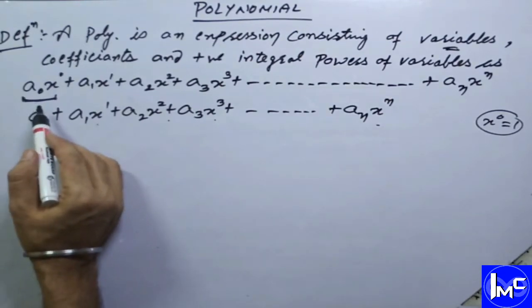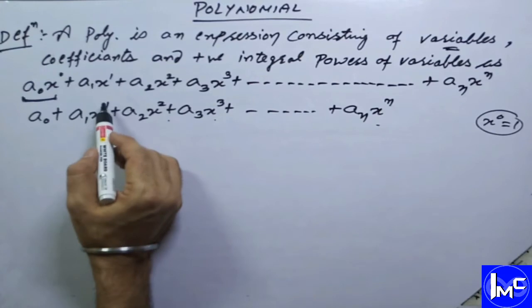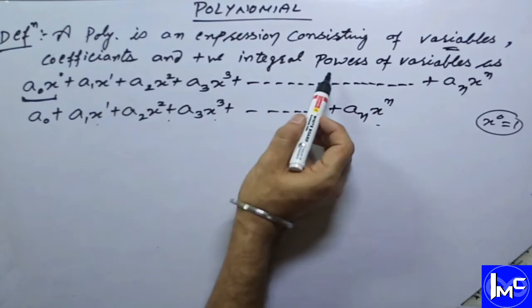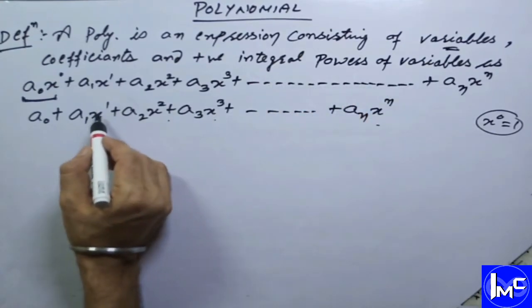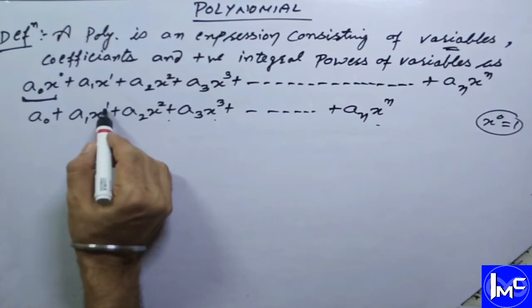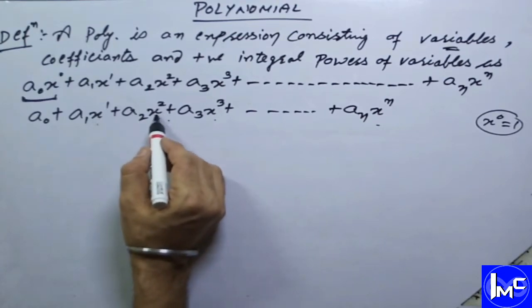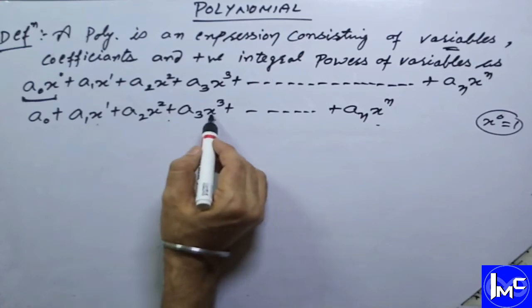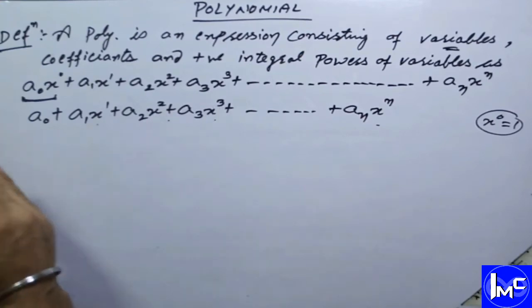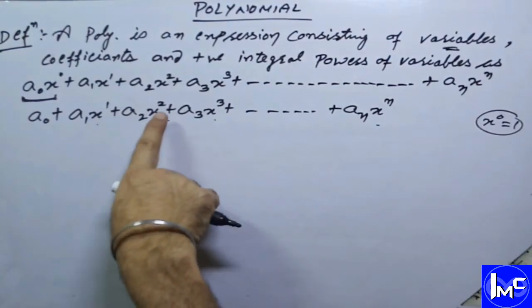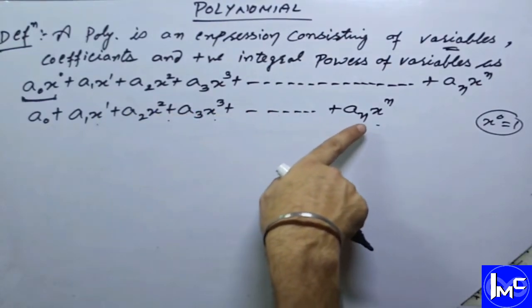And third is integral powers of the variables. The power of variable x is 1, here the power of x is 2, power of x is 3, it is increasing, that is in ascending order. These all powers are positive integers.